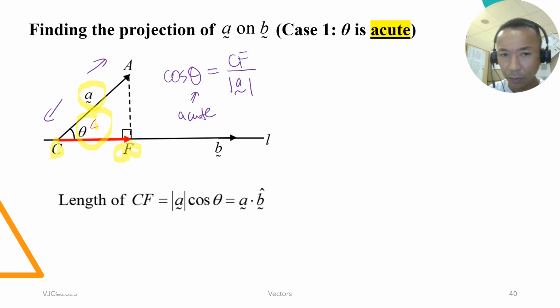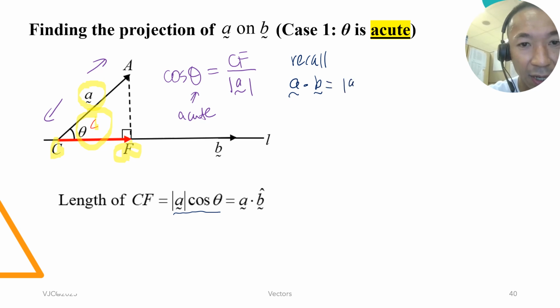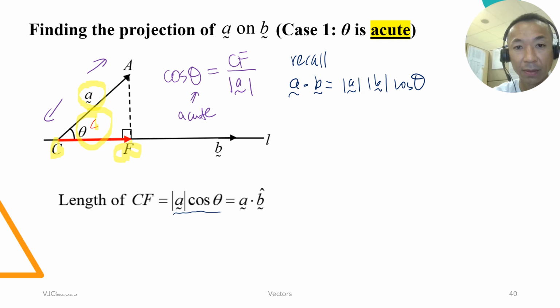Now, what is A cosine theta? You also have to recall that A dot B is mod A mod B cosine theta. This is the definition. Therefore, let's divide both sides by modulus B. What do I get?